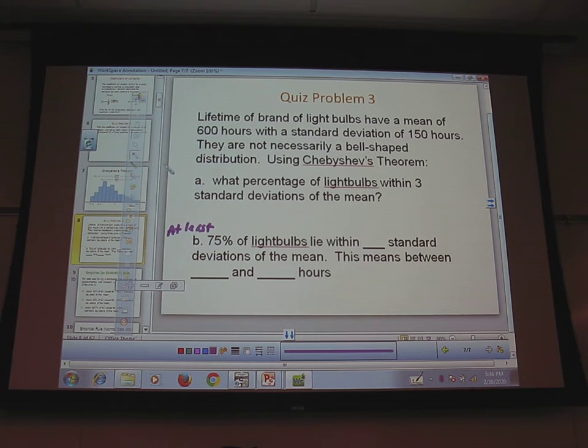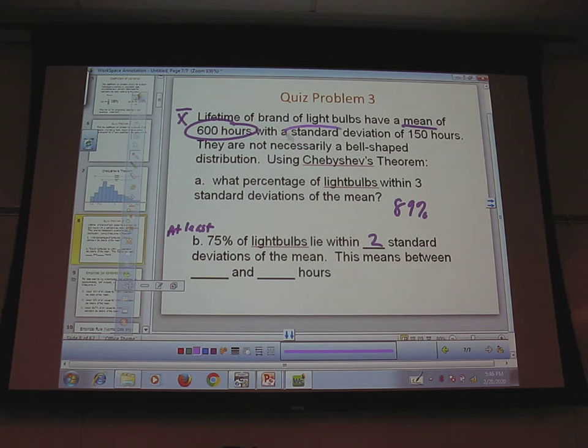So with this one, what percentage of light bulbs lie within 3 standard deviations of the mean? 89%, roughly 89, if we round to the nearest percent. And then at least 75% lie within what and what? 2 standard deviations. So within 2 standard deviations of 600, this is my mean, my x bar.